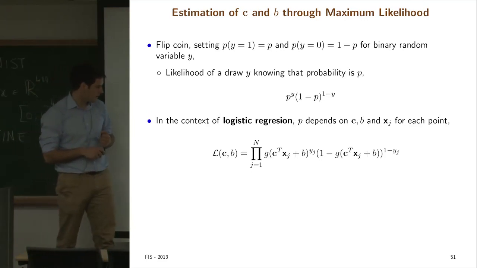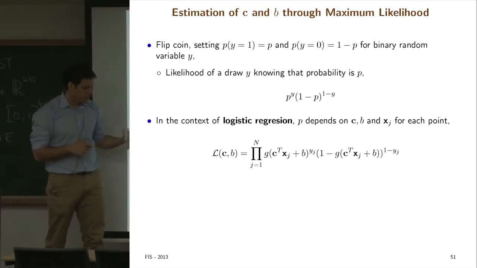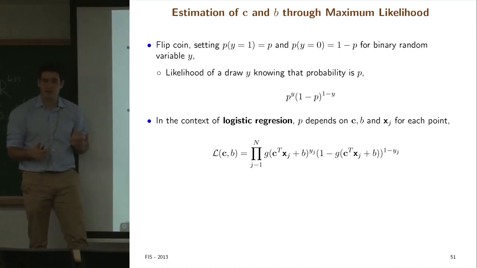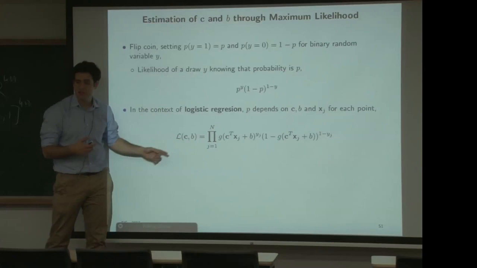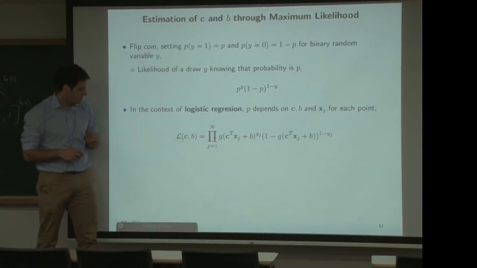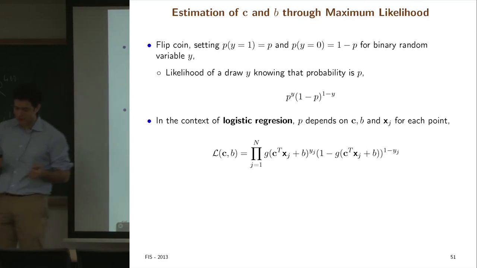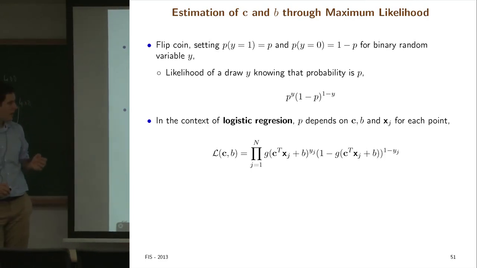We're going to say that, given observations, the likelihood that those observations have been generated according to this logistic regression is the product, for each observation, of the probability of having a 1 to the power of the actual observation yj, times the probability of having a 0 to the power of 1 minus yj. So this is exactly what I was saying before.